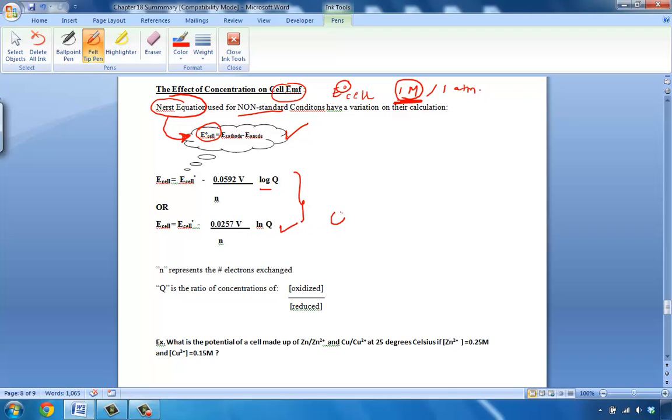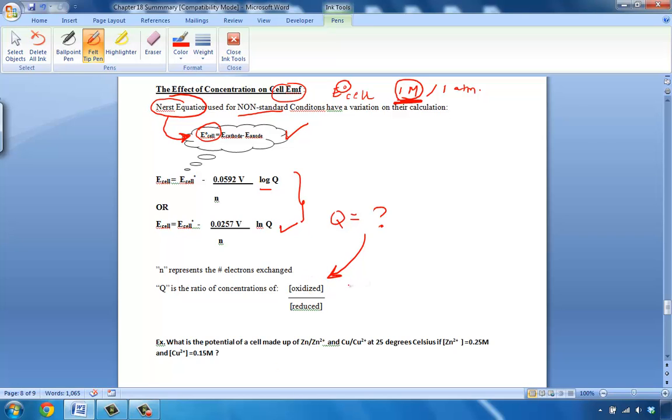This quotient is equal to something, right? And what is that? That is your ratio, the ratio of your oxidized substance concentration and your reduced substance's concentration. Again, it's not 1 molar, so it's got to be something.